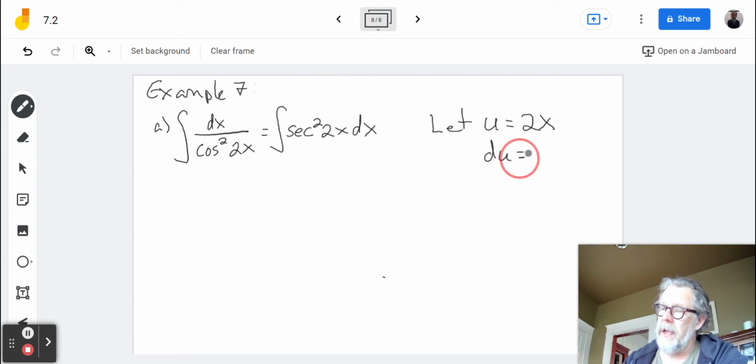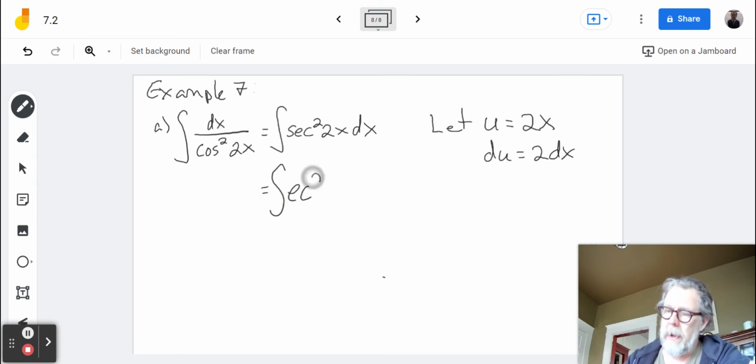The differential du is 2dx. I need to plug a 2 into my equation. Which means I need a 1/2 out front. This is now 1/2 the integral of secant squared u du.